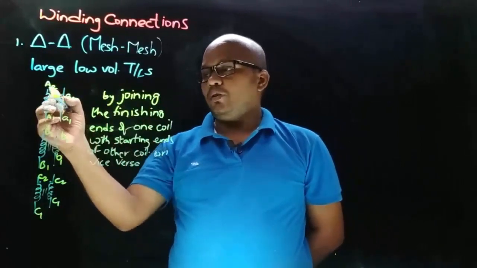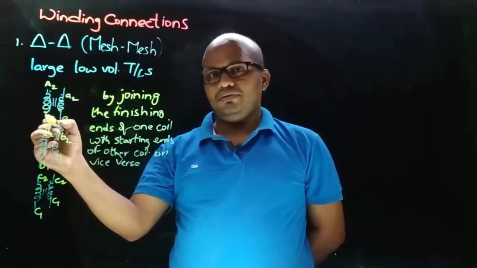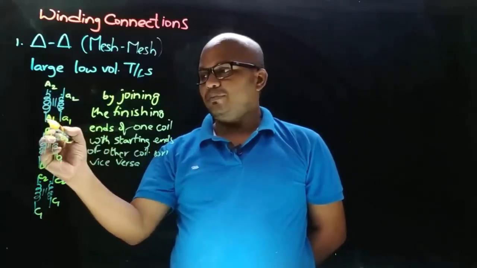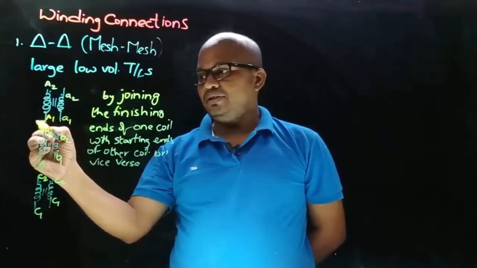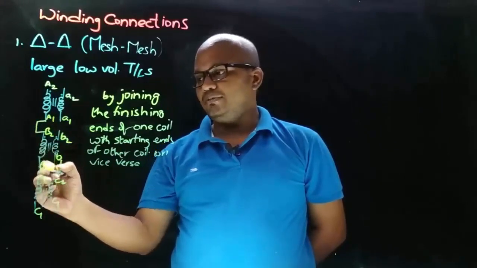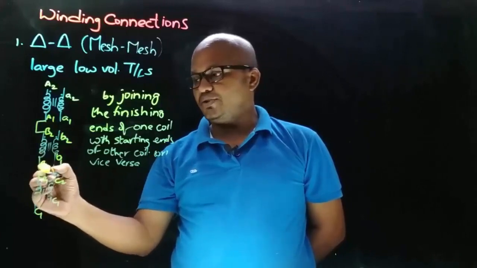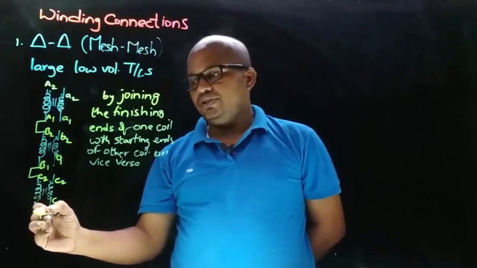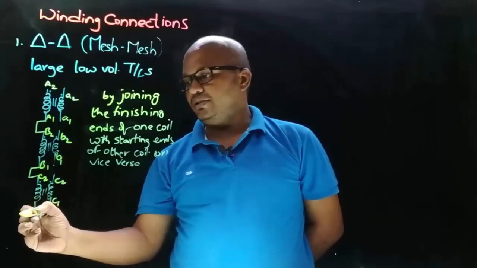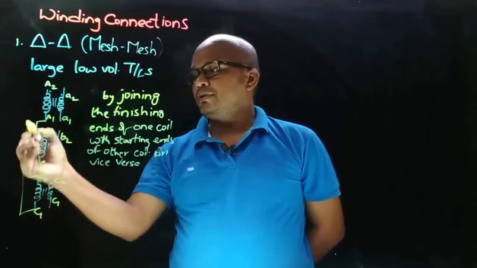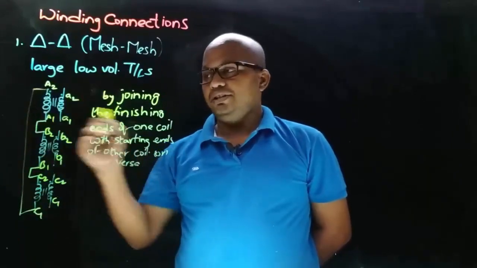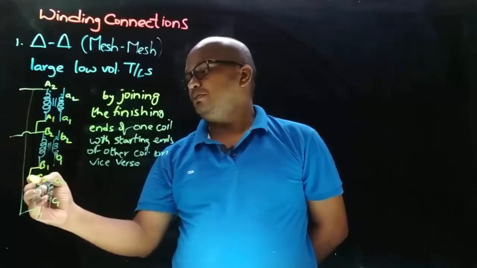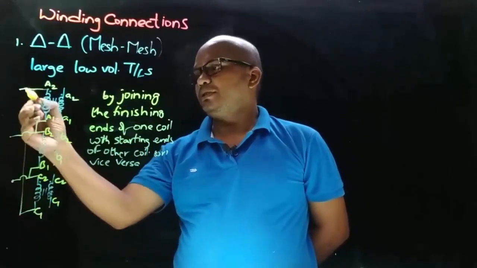So here on primary side this is the coil and this is the finishing end. So to get delta connection we must join the finishing end with starting end of other coil, and similarly this coil's finishing end is joined with the starting end of the other coil, and similarly here the finishing end of this coil is connected with the starting end of this coil. And here we are taking the connections from A2, B2 and C2 terminals.